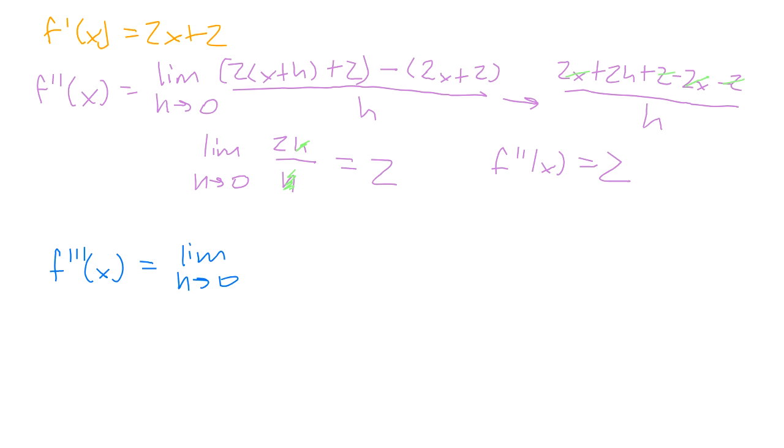Our new function is just 2 as well, all over h. Well, we're just left with 0 over h. This is one of those instances where we're approaching 0, but we're not at 0. So we can safely say that this is going to equal 0.